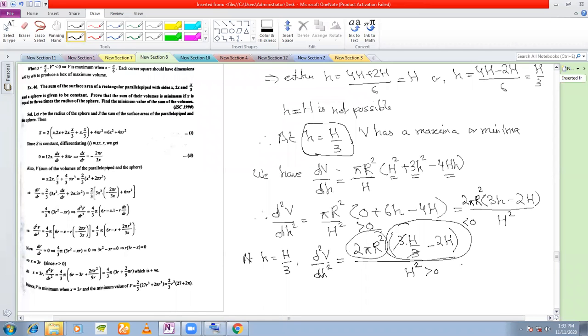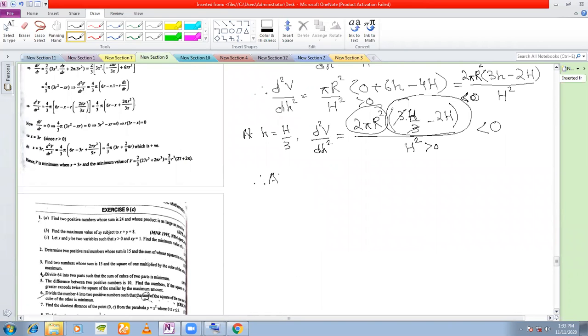So the sign has to be negative, right? Therefore at h is equal to H by 3, we get a maxima. V is maximum, because second derivative is negative.